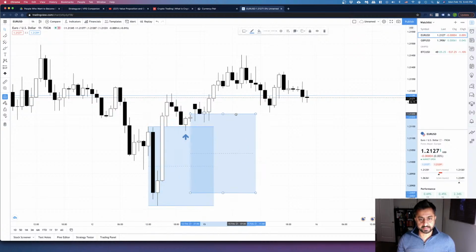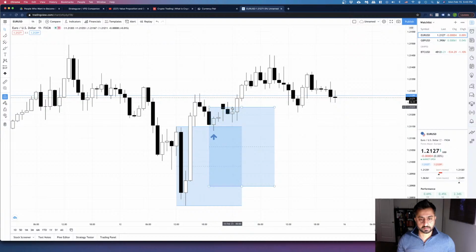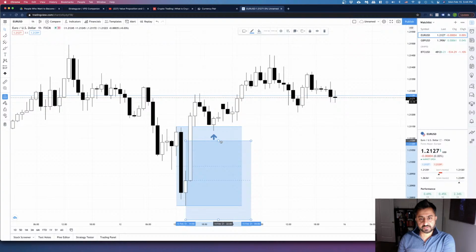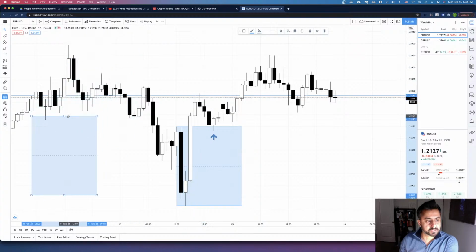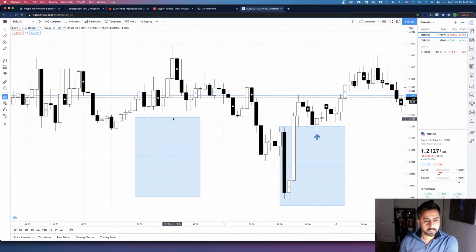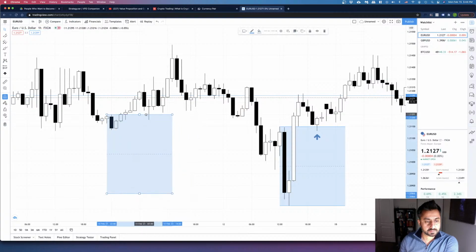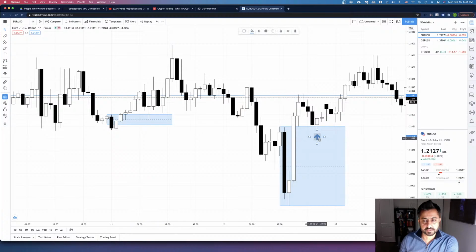Another trade was this bounce right here. And another trade on the opposite side was this bounce right here. This was another trade I took to the long side.